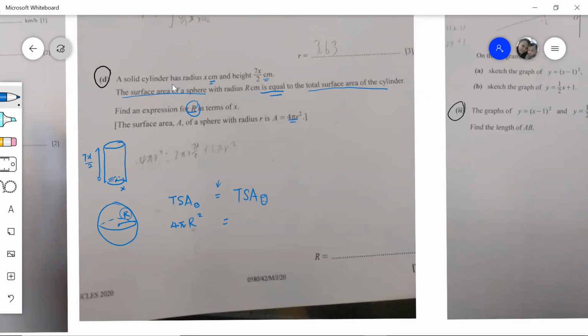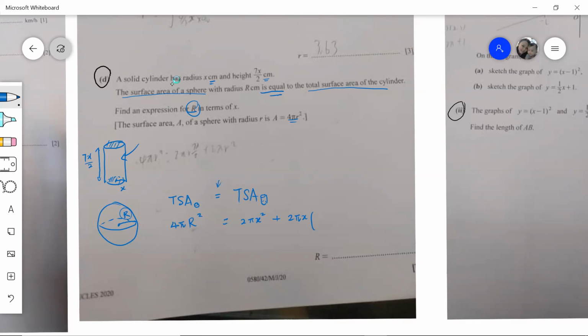That consists of 2 circles. Therefore, the area of 2 circles will be 2 pi r squared, whereby the r is x. And then we have to find the curved surface area. The curved surface area will be 2 pi r, which is x, times its h.